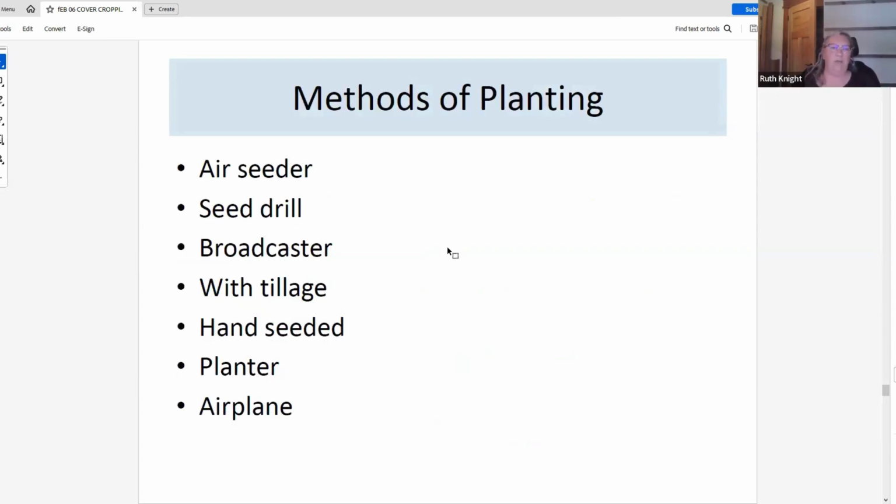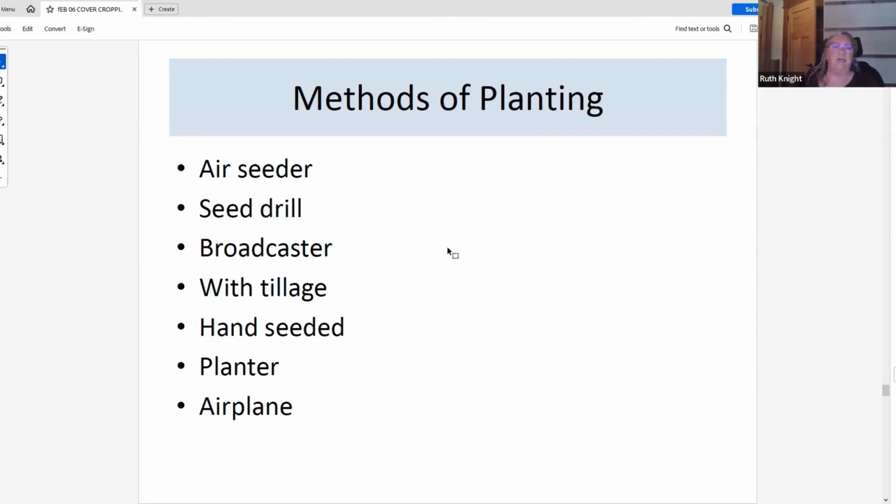There are a plethora of methods of planting. These are actually from the cover crop guide. These are from most common to least common. This could always change in terms of your context and your equipment, what's available. Air seeder, seed drill, those generally, when you get the seed to soil contact, usually have the highest success rate.